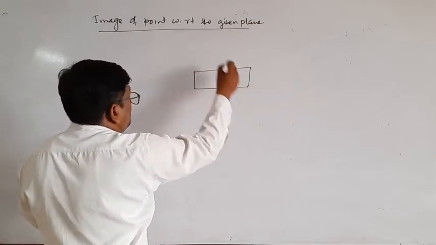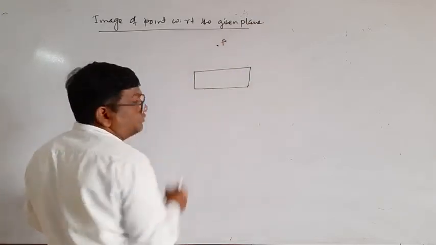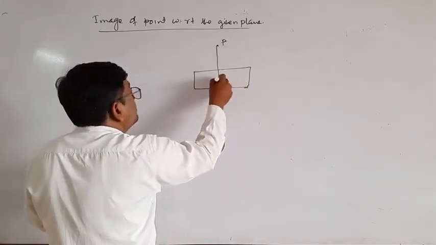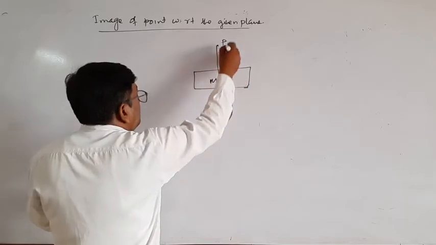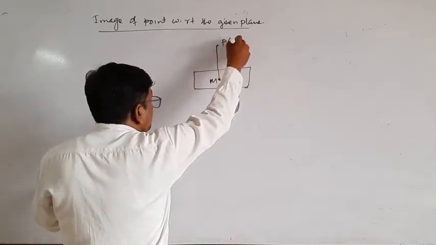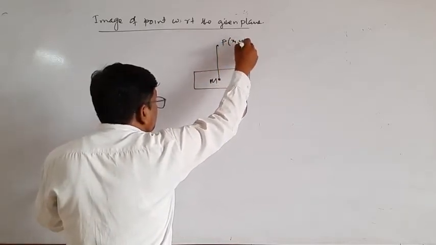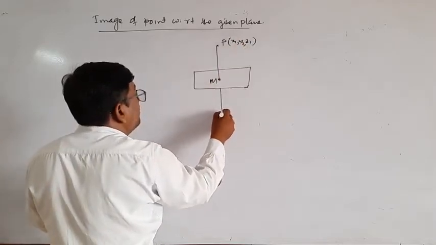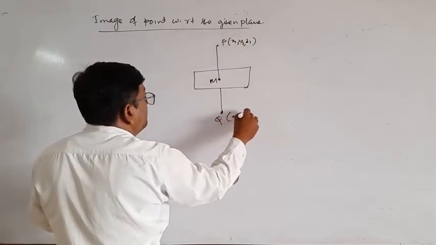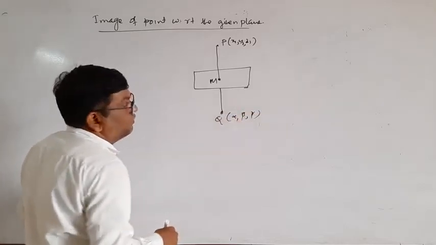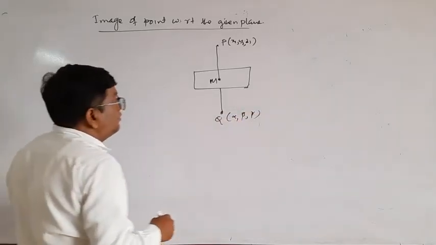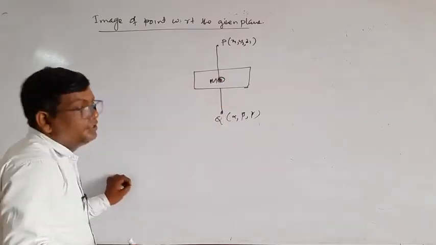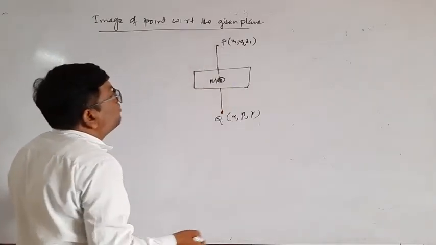Suppose this is the point P, and this is its image. Suppose M is the midpoint, and this is the given point (x1, y1, z1), and Q is the image (alpha, beta, gamma). Now find the point M, then use the midpoint formula.